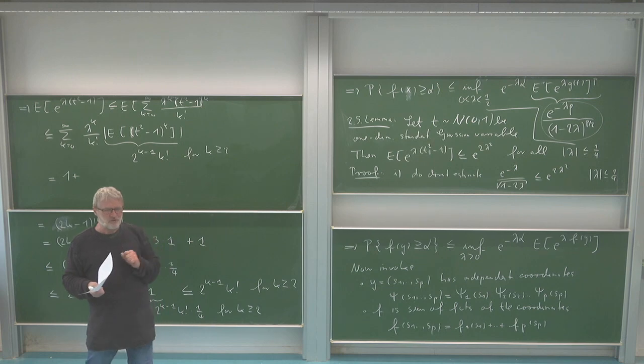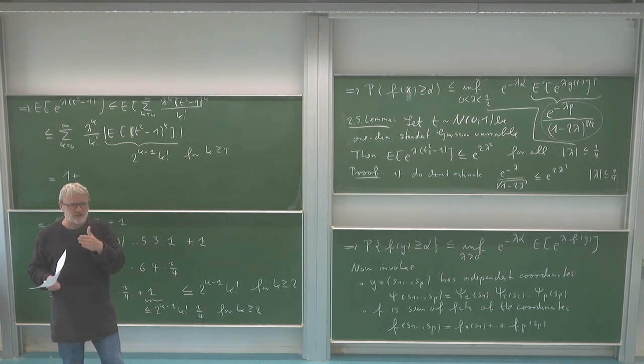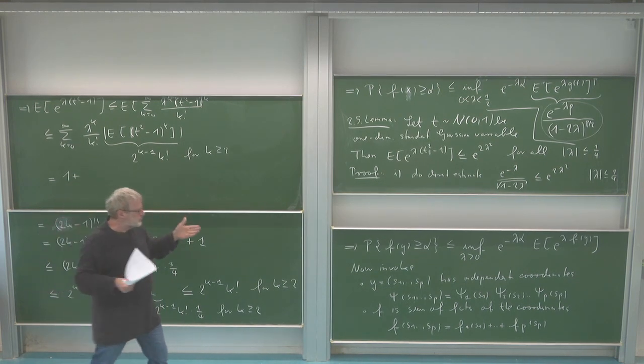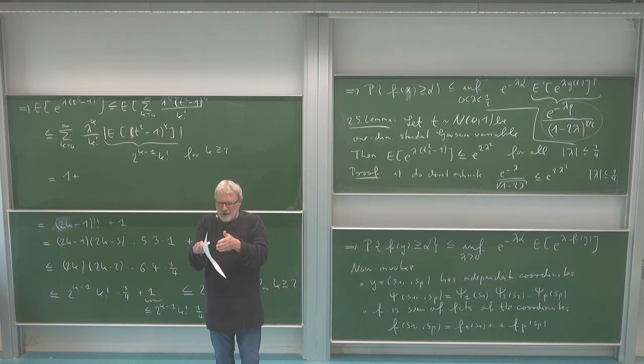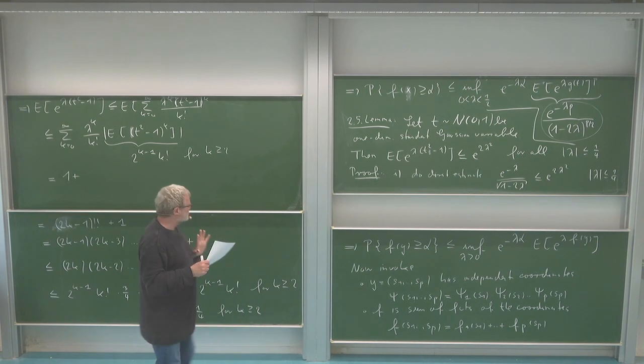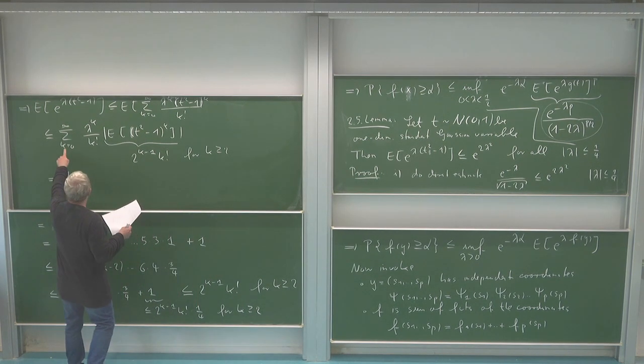So the expectation of t squared is 1, so t squared minus 1 has expectation 0. That's essentially also the reason why I choose my function as t squared minus 1, because this is something which has expectation 0. And the expectation is not really showing up in my inequality, but I want to compare things with its expectation.